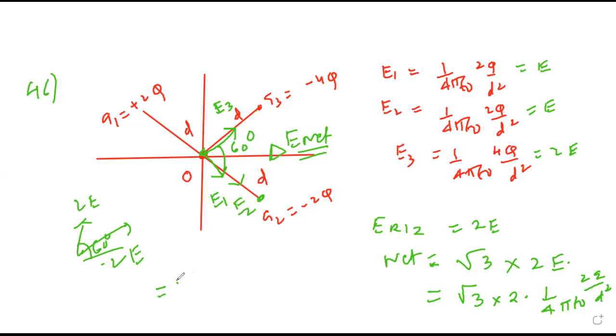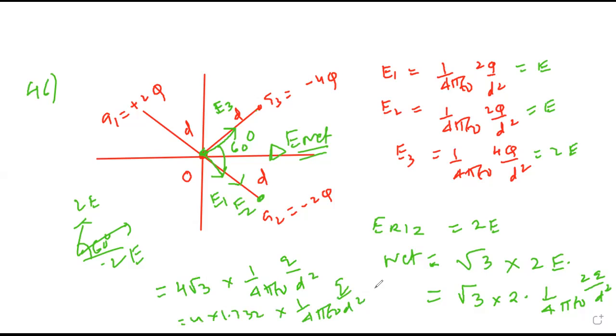So result will be 4 root 3 into 1 upon 4 pi epsilon naught Q upon d square. 4 into 1.732 is 6.93, towards positive x-axis. That means option B.